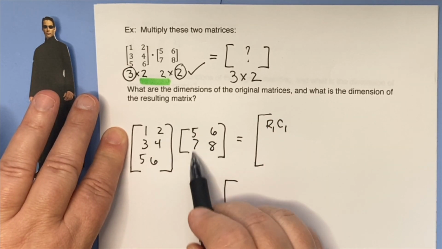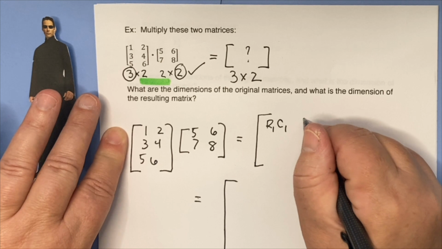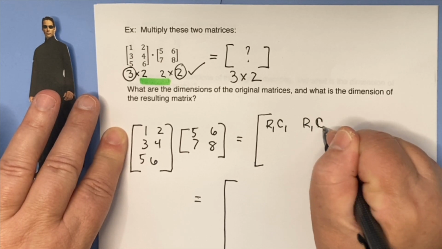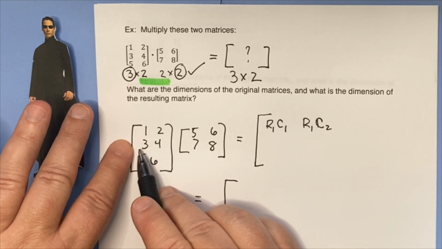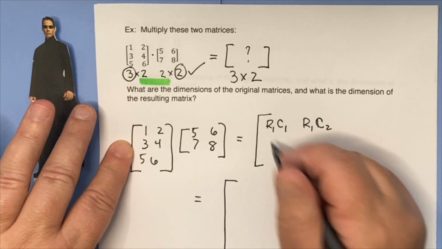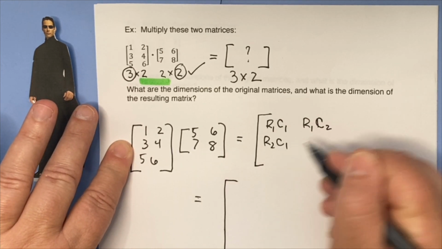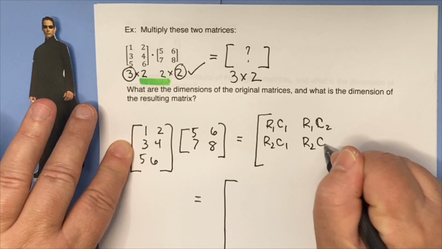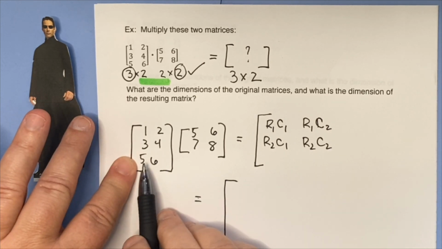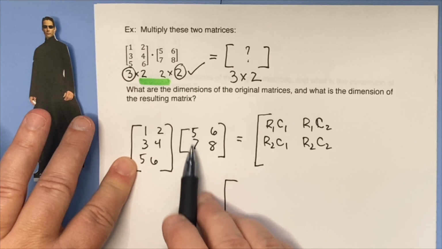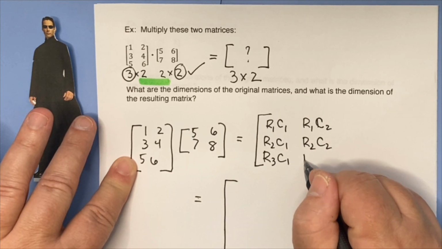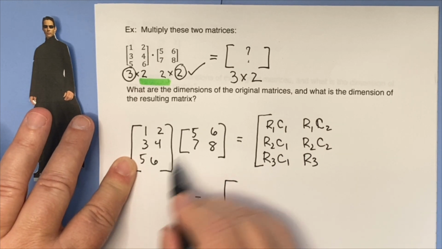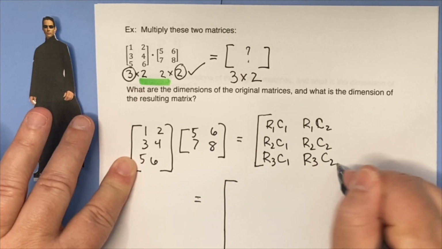This is going to be row 1 times column 2. This is going to be row 2 times column 1. And row 2 times column 2. And then in the last spots, row 3 times column 1. And row 3 times column 2.